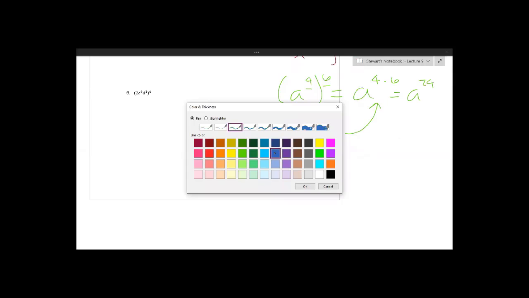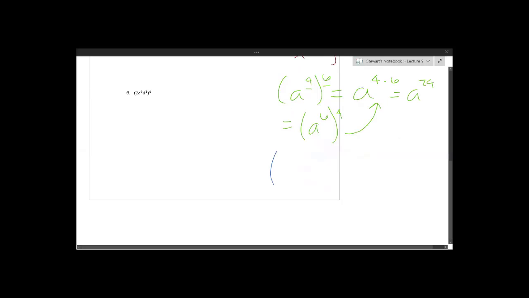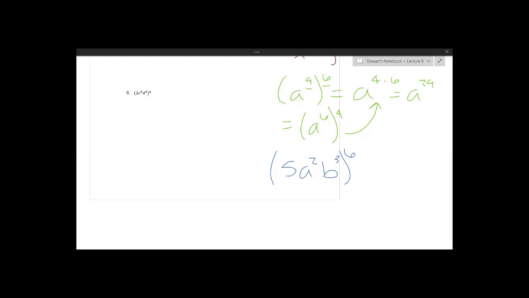Another situation you might see is, say you have 5a squared b cubed, all raised to the 6th power. When you see something like this, the exponent, this 6th power, has to apply to everything inside the parentheses, and it has to be multiplied to every exponent inside, even to the coefficient.